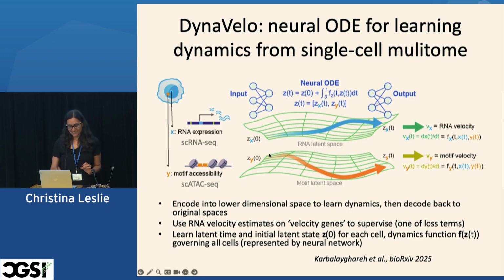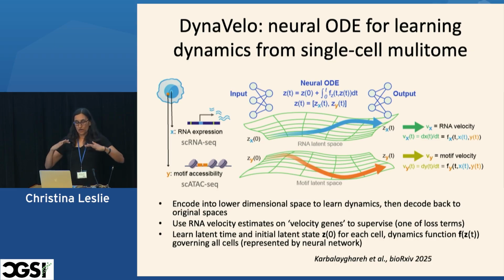We have an encoder-decoder, so we map to a lower dimensional latent space. We learn the dynamics in the latent space, and then we go back to the observed space. What we're learning for every cell is its starting point in the latent space and the latent time at which we see the observable.